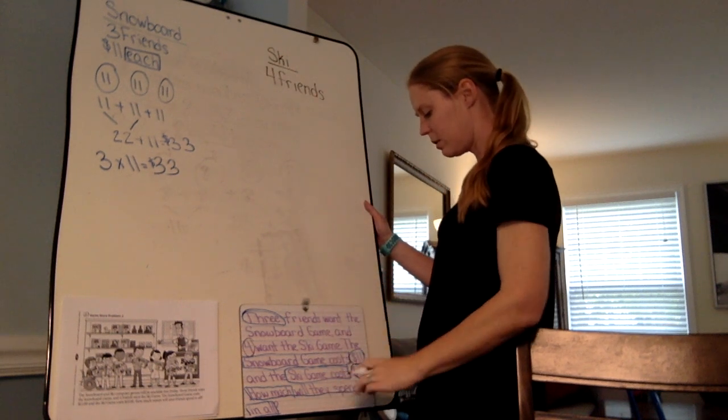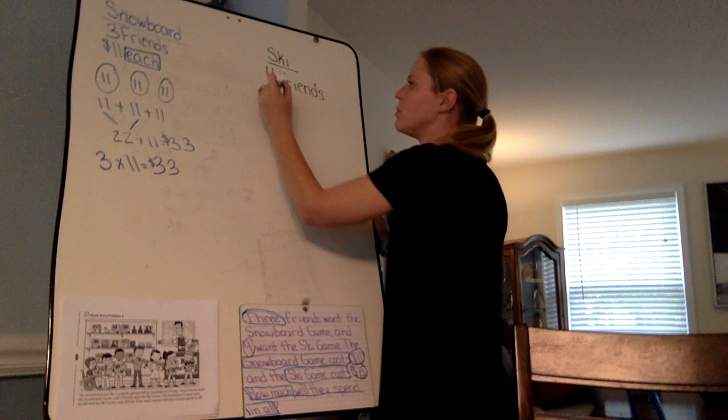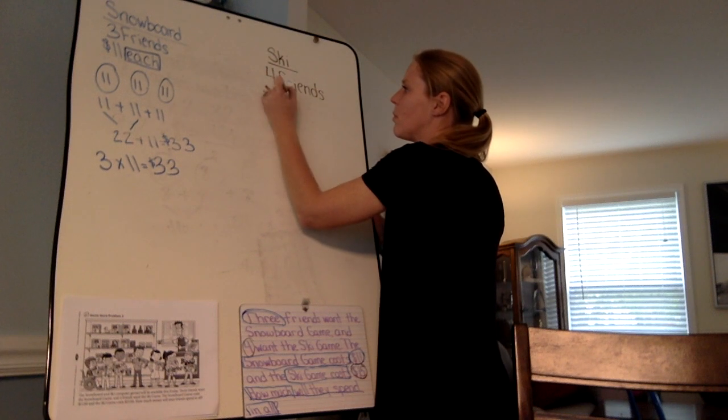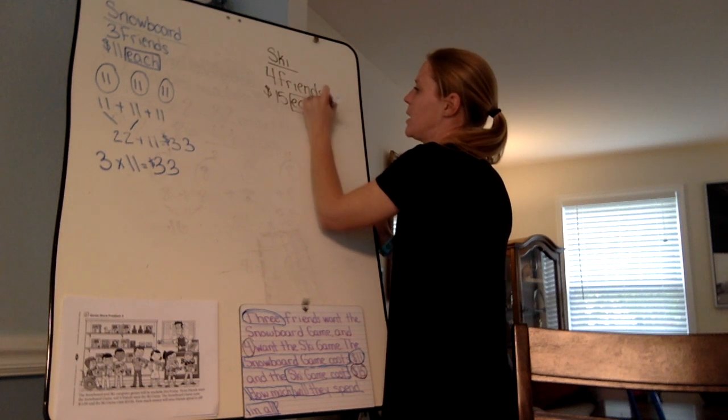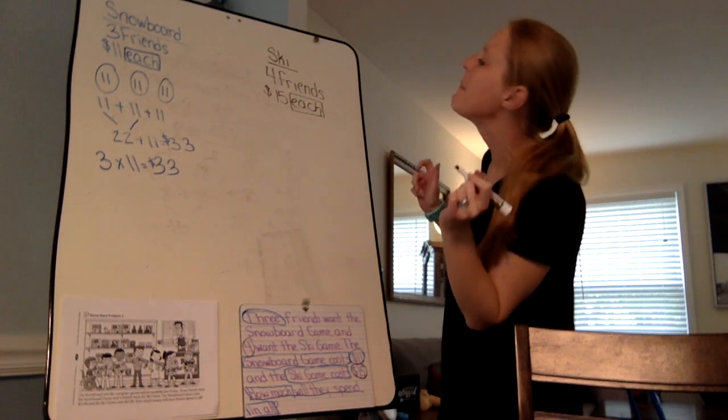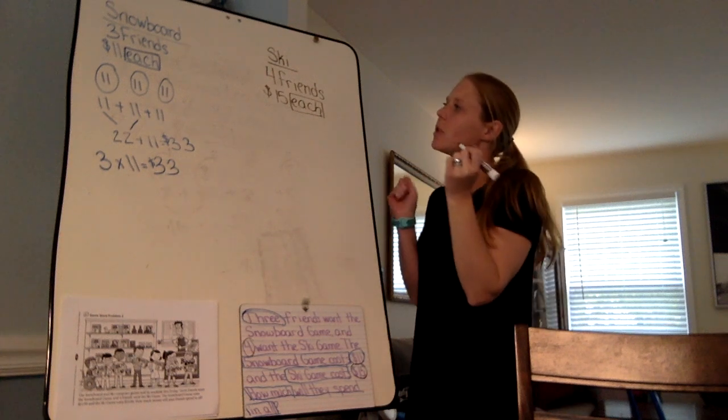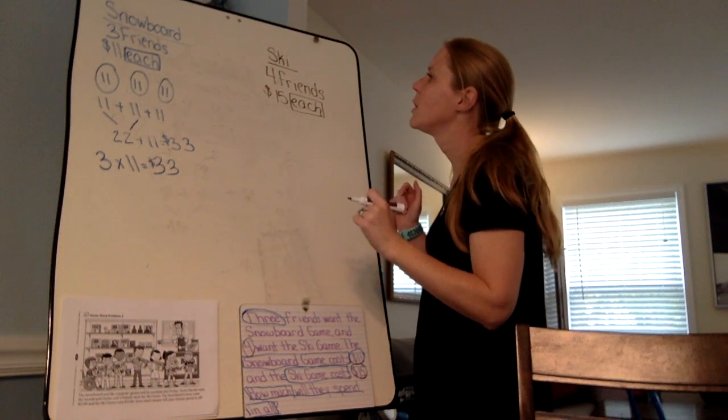And those cost $15 each. And there's my favorite word, each, because everybody has to pay $15 for the game that they buy. So I'm going to just box that each, because I think it's a great keyword to use here.